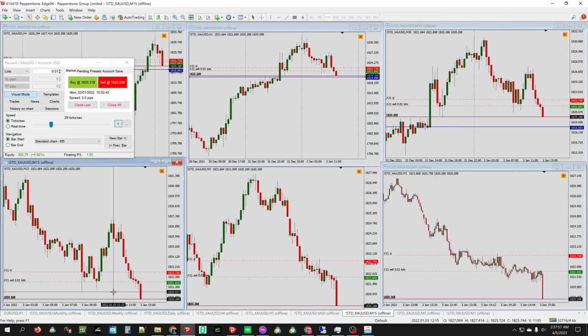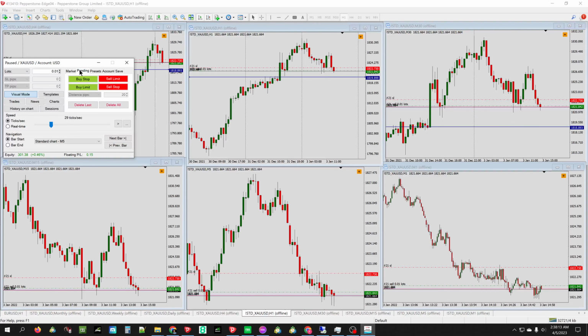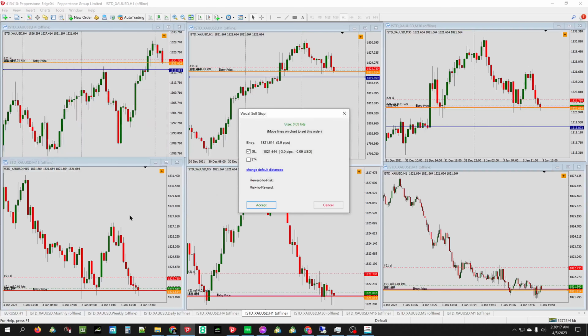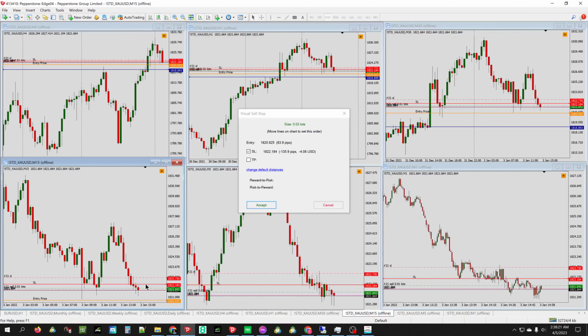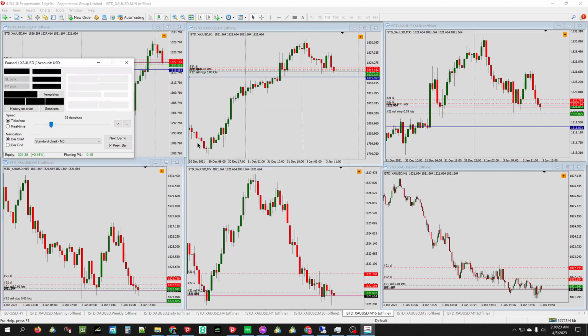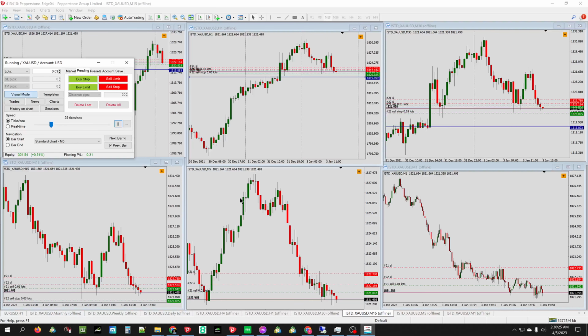I want to execute sales below 1820, and now the issue becomes there is little to no range, so I will essentially trade a C grade setup in here.